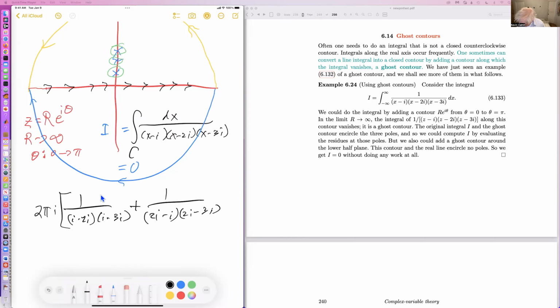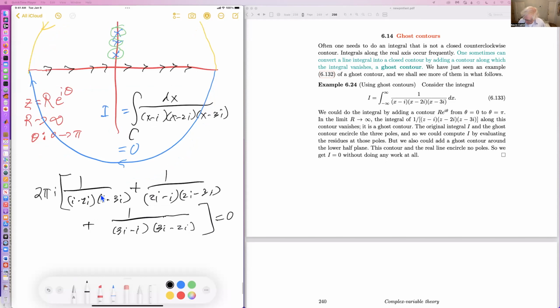Of course, this is something that can be simplified. And then the third pole would give us 1 over (3I minus I)(3I minus 2I). And if you add them up, I'm confident that you'll get 0.